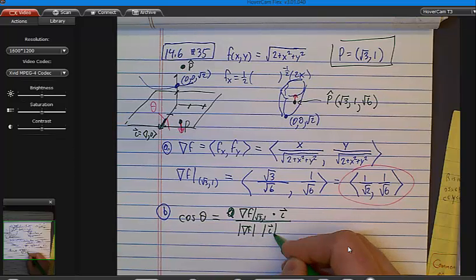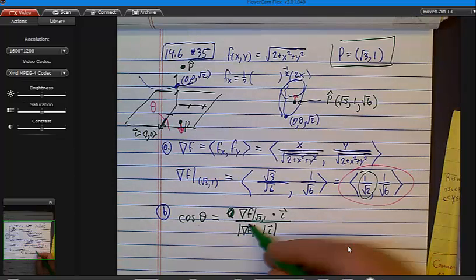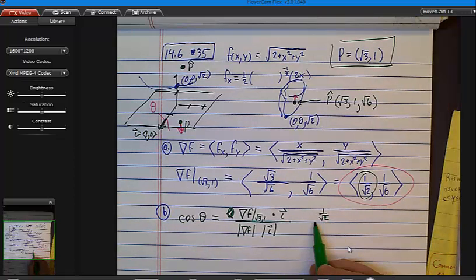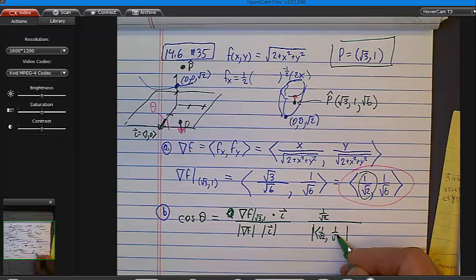But this can really be simplified, right? Because what do you know about i? i is a unit vector. And when we dot it, we're just going to get that 1 over square root of 2. So the cosine of theta is equal to 1 over the square root of 2 over the magnitude of this vector. So we need the magnitude of (1 over the square root of 2, 1 over the square root of 6).